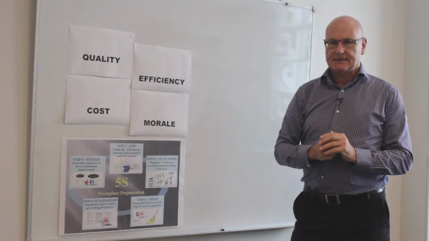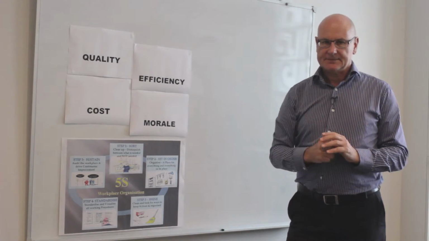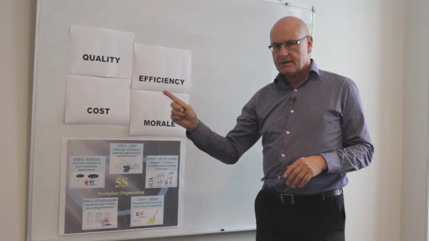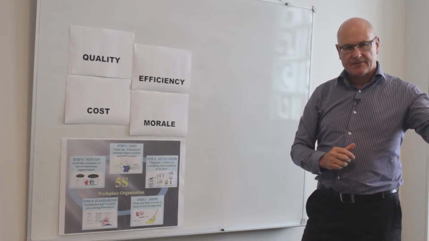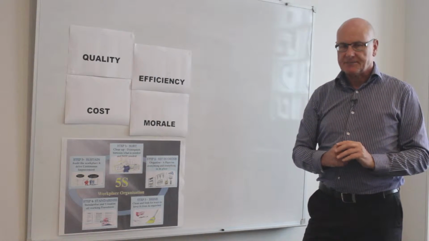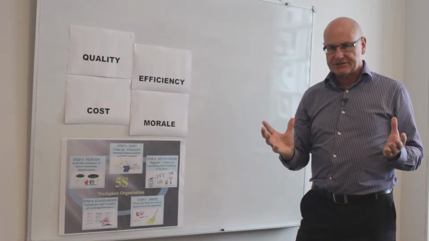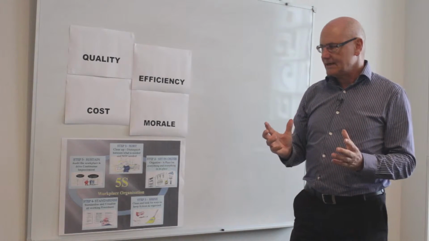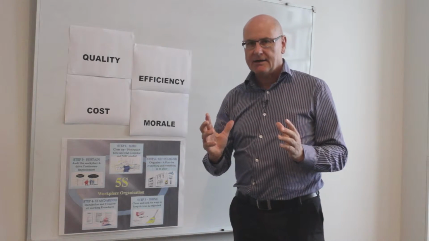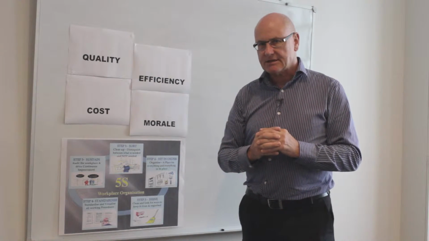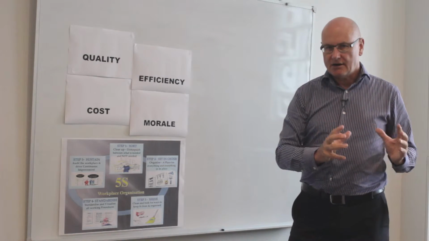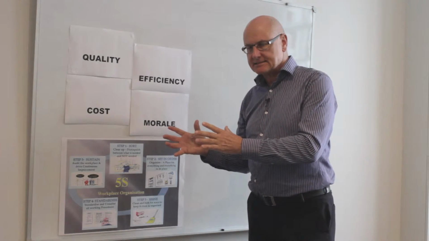Why is that particular item stored in a particular place? Why am I doing so much walking and bending and lifting? Why is our flow not that efficient? By asking the question why, you will be identifying a number of improvement opportunities. And those opportunities will form the basis of our improvement action plans.